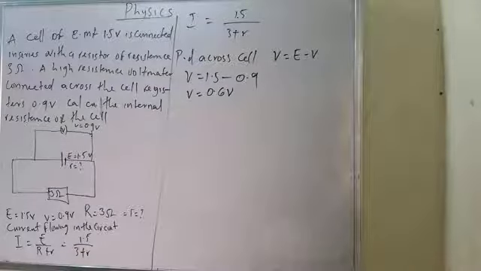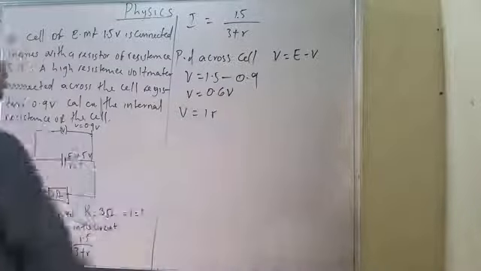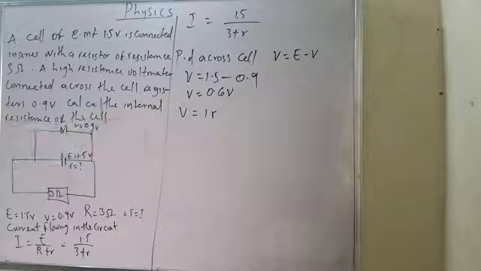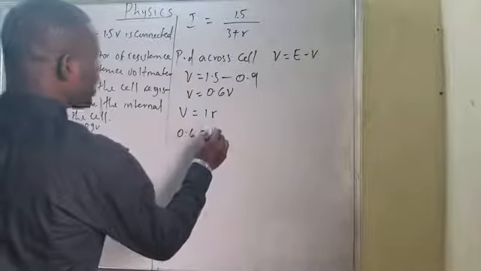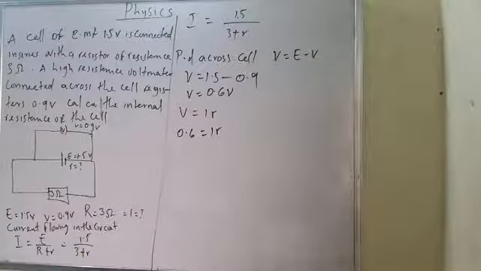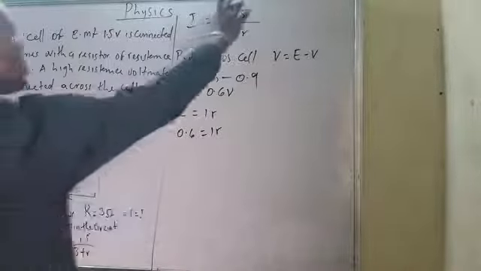Now since I have it, from our Ohm's law, small v equals current multiplied by the internal resistance. Now we want to know what our V is. 0.6 equals I r. Can I substitute this into this?